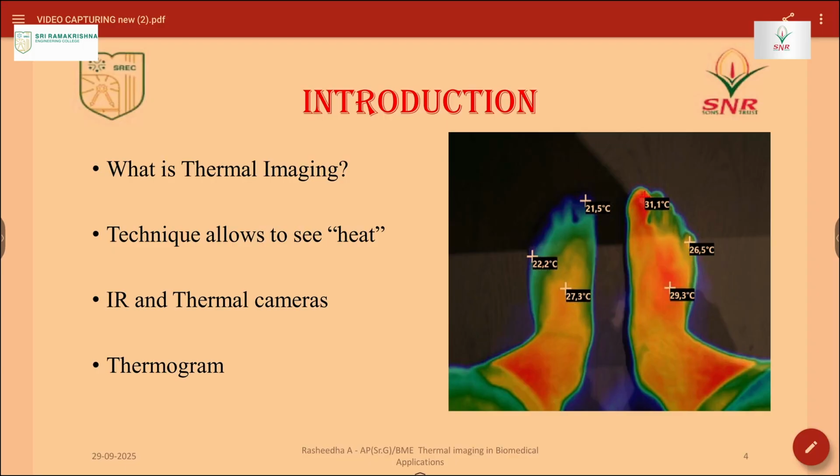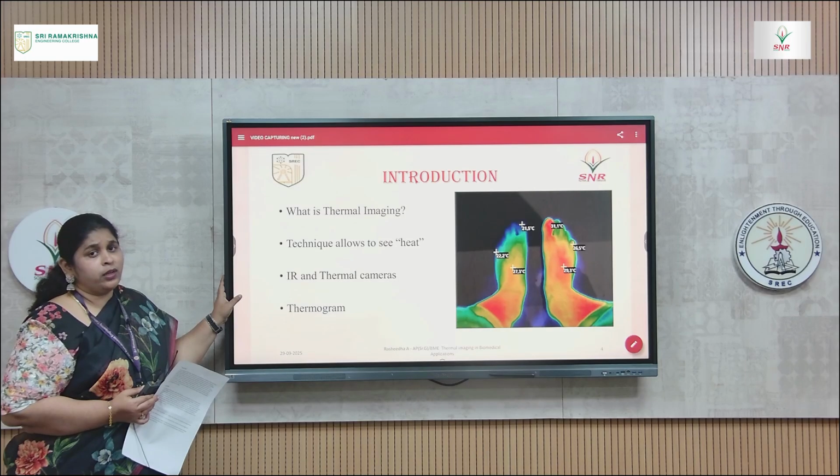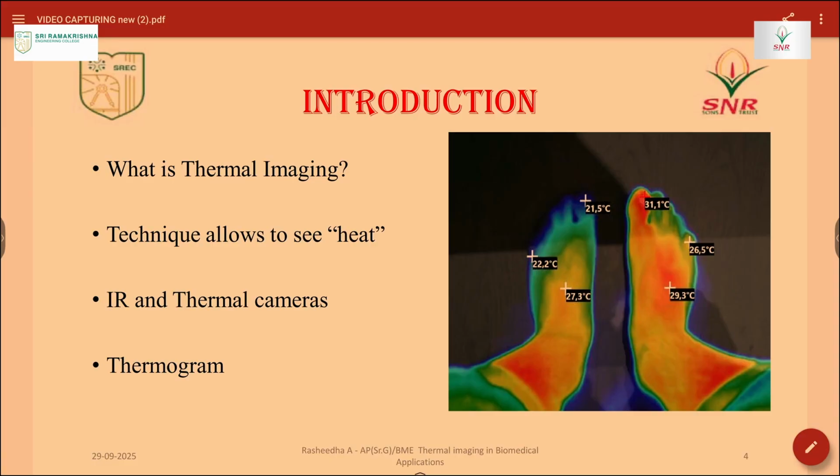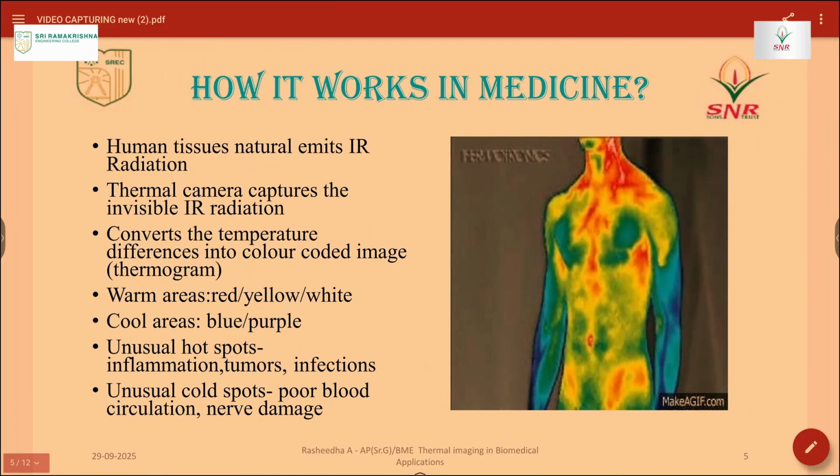In the image, you can see different temperature conditions on skin types. This thermal imaging has a wide application in detecting diabetic foot ulcers also, and this is an example of that. And how it works in medicine, though it has applications in all other areas other than medicine also.